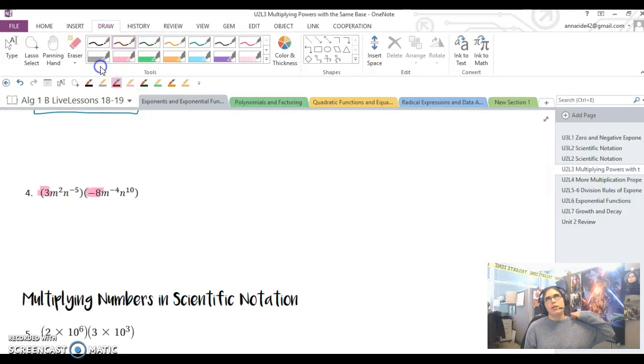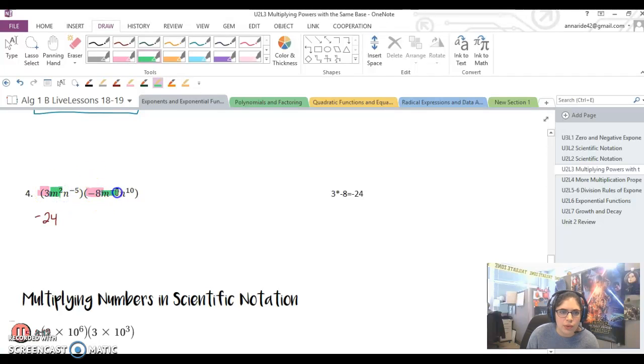3 times negative 8 is negative 24, but I'm going to double check just because that's the state of mind I'm in right now. It's just being real careful and double checking. Okay, negative 24 for my coefficients. Next, I'm going to do my m terms. So I have an m squared and an m to the negative 4th.